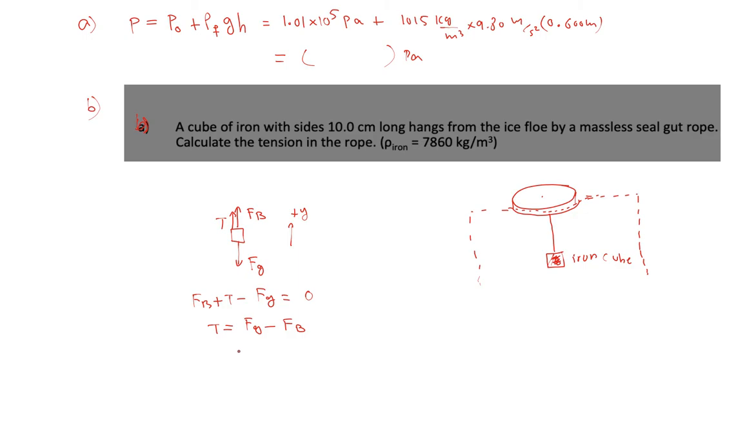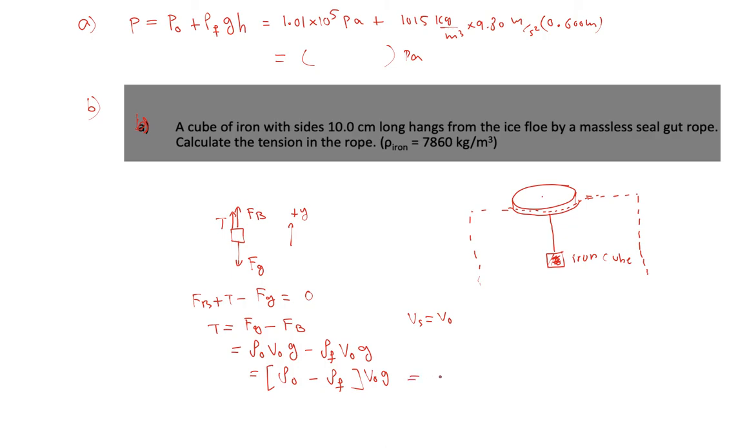FG is rho of the object times volume of the object times g. F buoyant is rho of the fluid times volume submerged times g, but here Vs equals Vo because it's fully submerged. So this would be the tension. We can take the common factor V, and then we get rho of object minus rho of fluid.